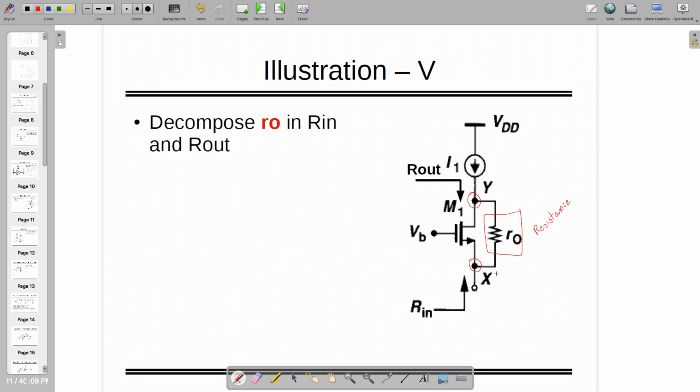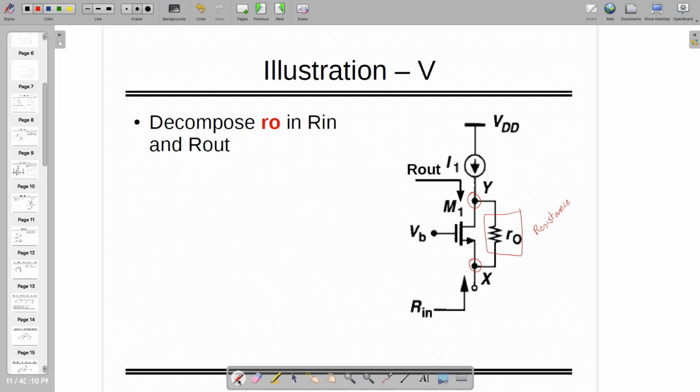So in that case, it is in saturation, and from X to Y, it's actually a common gate amplifier whose gain is already known to us, equal to nothing but (GM plus GMB) times RO, right? This is what is already known to us.